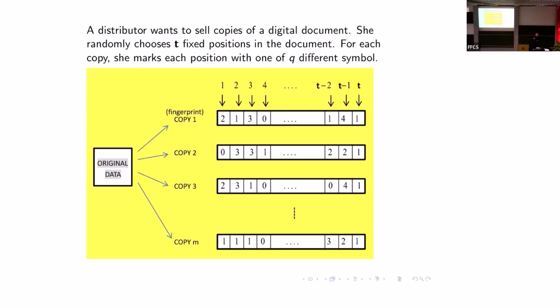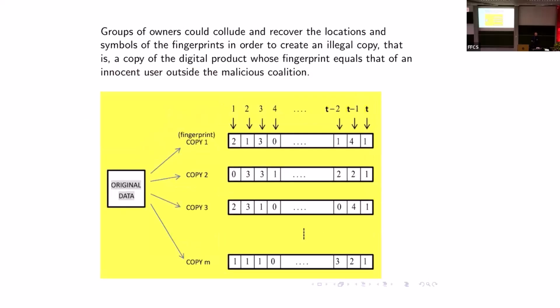So the idea is to insert in this digital document a signature. A signature is simply a string over a certain alphabet. Okay? This means that this is a legitimate copy of the document because there is the correct signature. But you don't want dishonest people to forge the signature.